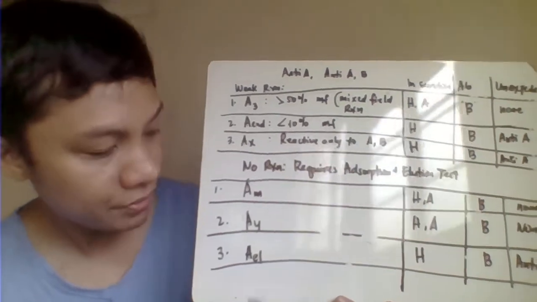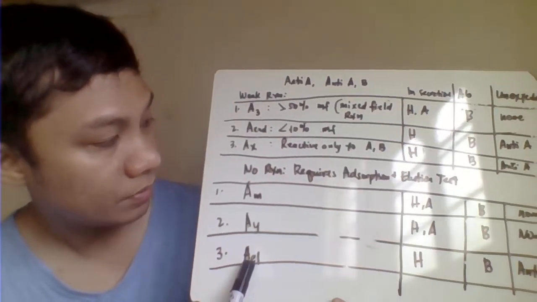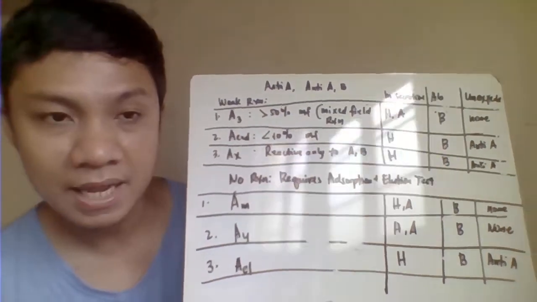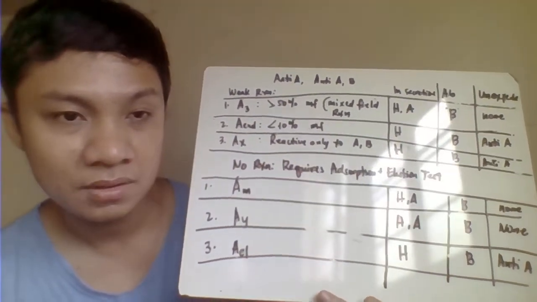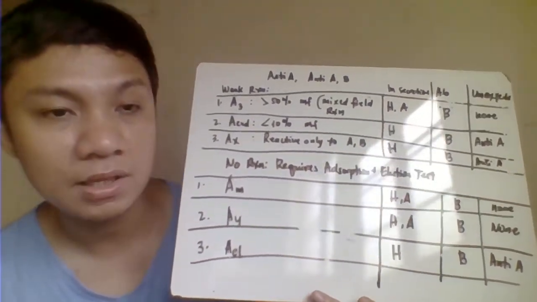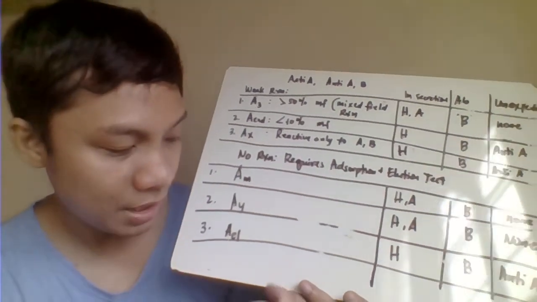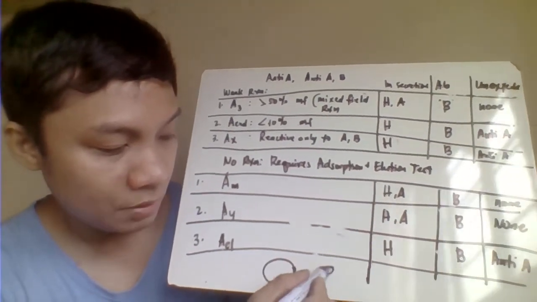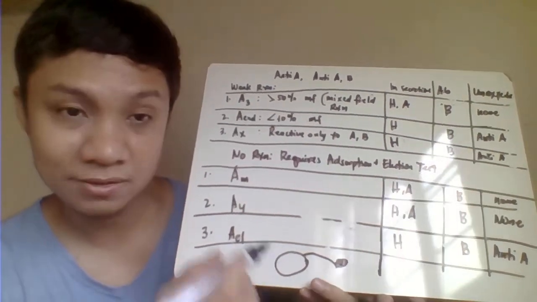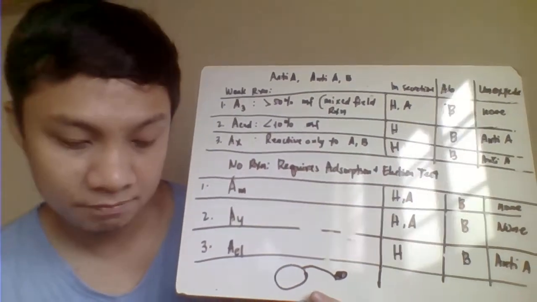On the other hand, we also have other subgroups: AM, AY, AL. So if you use these reagents, they will not give positive reactions, not unless you perform the adsorption and elution tests. Adsorption: if this is our RBC and you put antibody on it, it tries to attach; that's your adsorption. When you remove it, that's your elution.